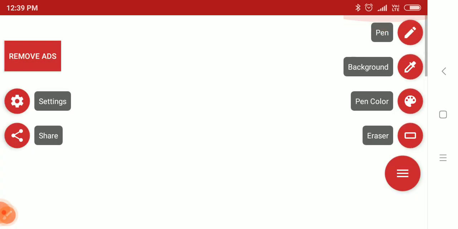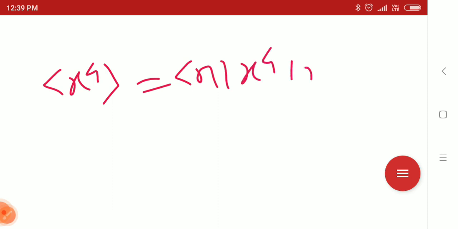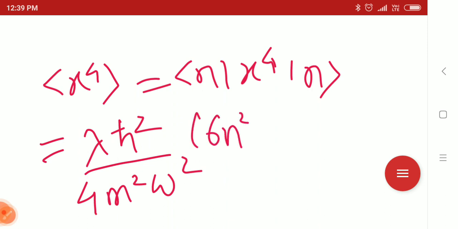The expectation <n|x⁴|n> in the 1D quantum harmonic oscillator is h cut square by 4m square omega square times (6n square plus 6n plus 3), multiplied by lambda.